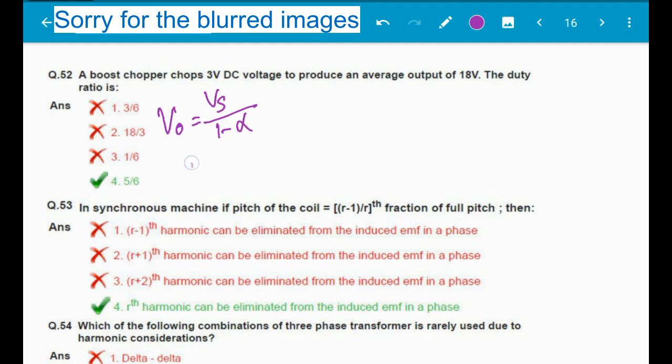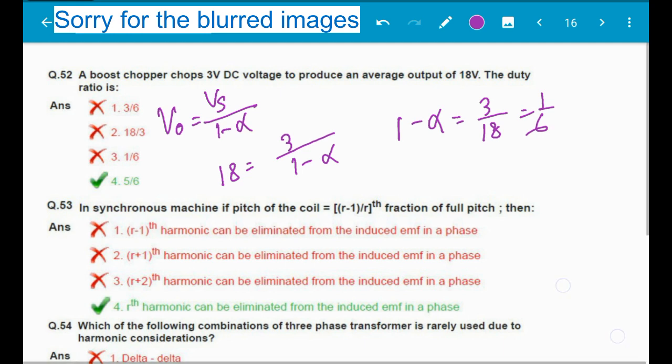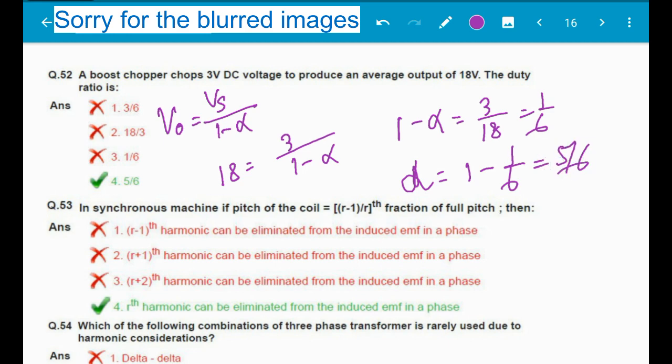So 18 is equal to Vs, which is 3, by 1 minus alpha. We have to find out alpha. So 1 minus alpha is equal to 3 by 18, that means 1 by 6, and alpha will be 1 minus 1 by 6, that means 5 by 6.